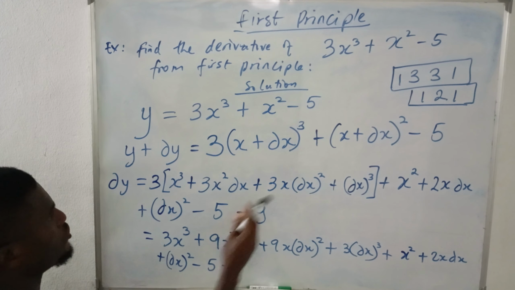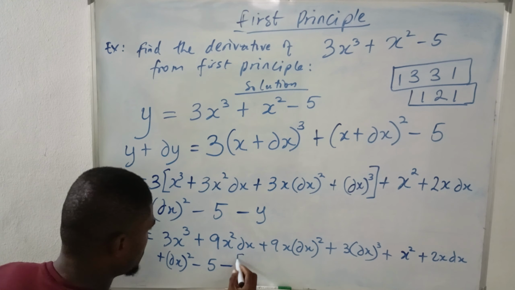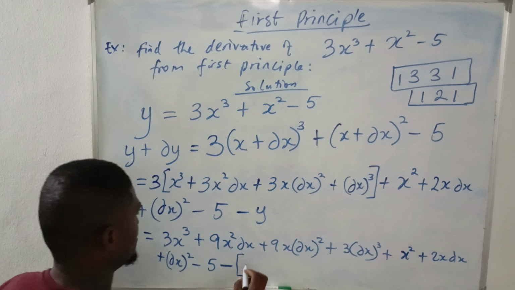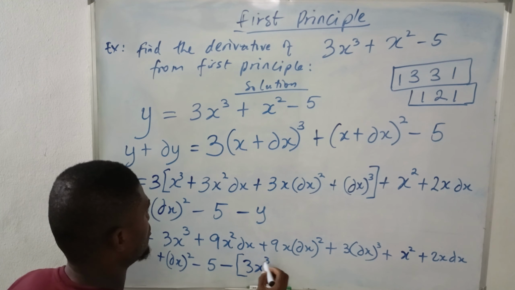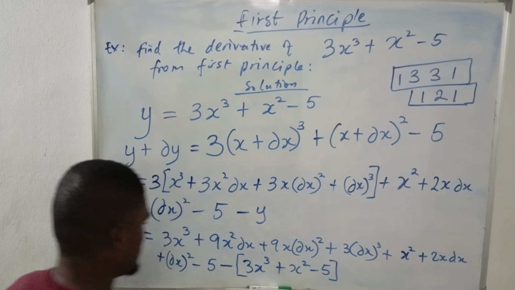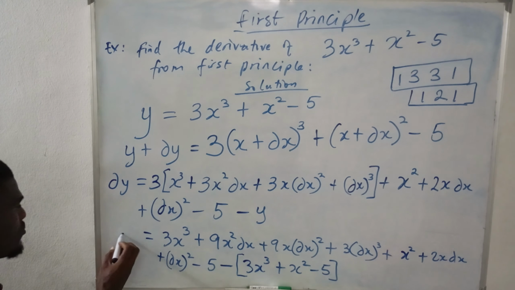Now, since y is not just one thing, and I've put a minus there, I have to put a bracket to put down those things. So those things are 3x cubed plus x squared minus 5. If I close the bracket now, the whole of this is equal to y, right?